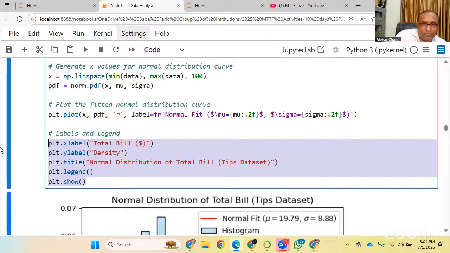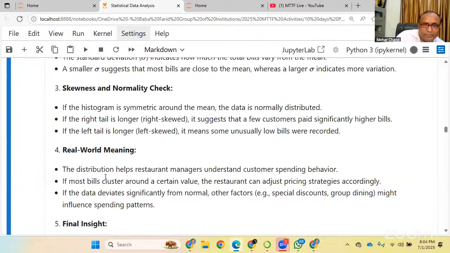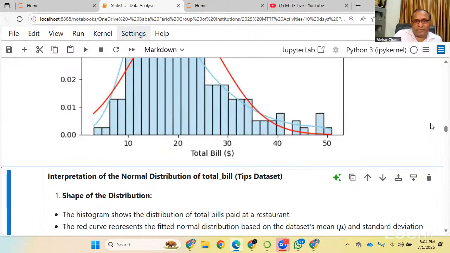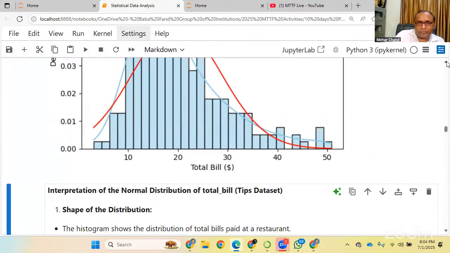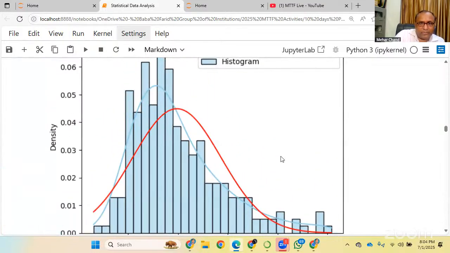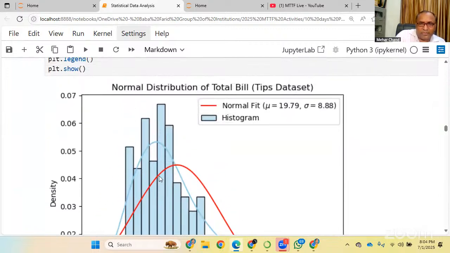Okay, so when we execute all these statements, yes, you can see. Okay, so this is the normal curve, in the red color, and the other curve, which is the KDE, you can see here, and then after that the histogram is there, and the red line is the normal fit.